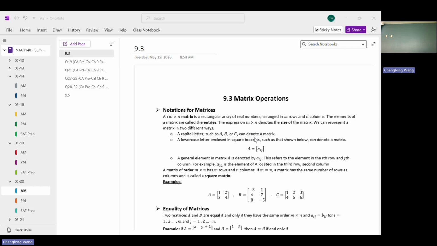Also, my PM students told me they had matrices before, maybe in Algebra 2, right? And you will see from 9.3 why they actually had such a great time with the matrices in Algebra 2. And I'm sure that it will be the case for you guys.